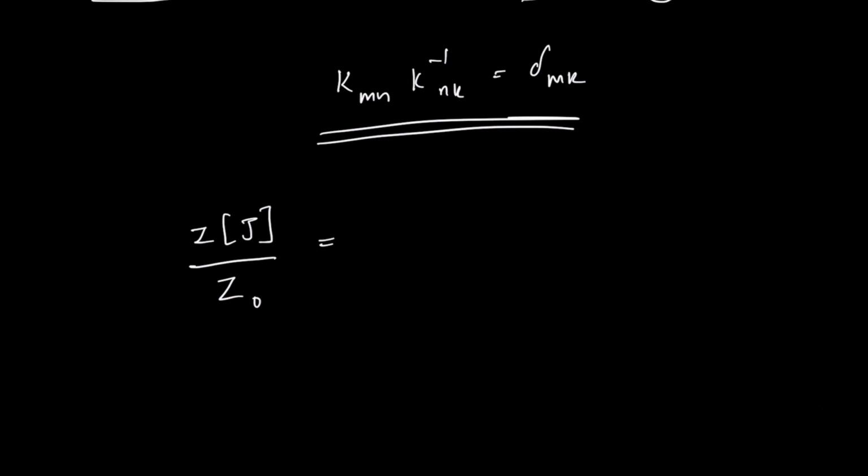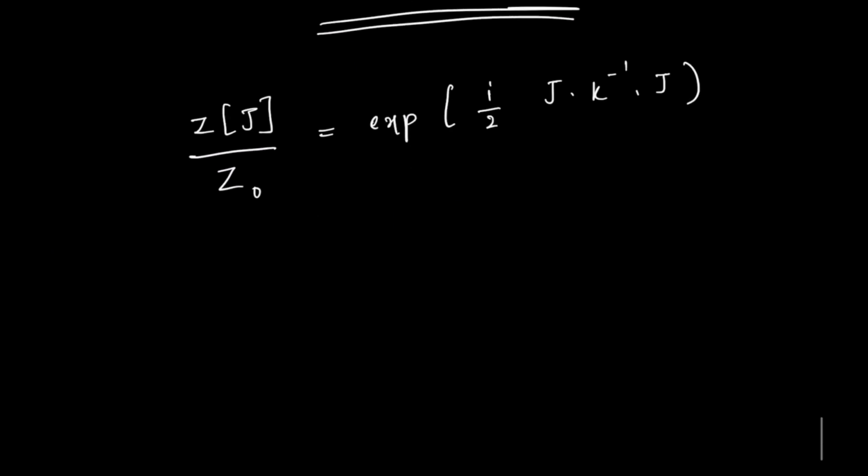So this ratio will give you exponential i by 2, in shorthand notation J K inverse J. From here the 1 point function of x in vacuum will be 0. Because to get the 1 point function we have to take the first derivative with respect to J. So that will bring down one factor of J. Finally, when you set J equal to 0, the 1 point function automatically goes to 0.